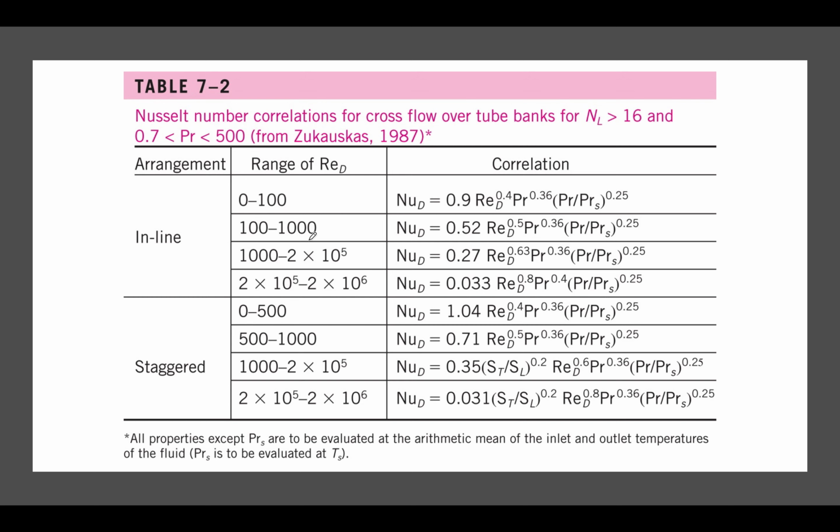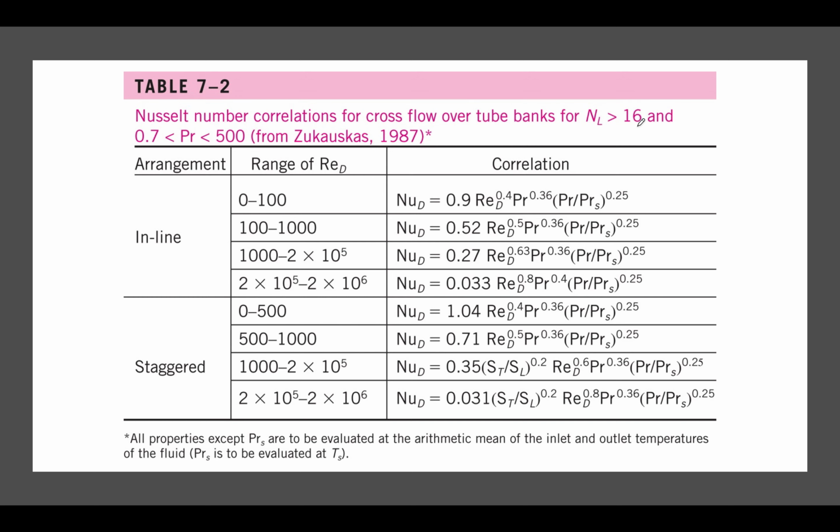Then, let's say your Reynolds number is in the range of 100 to 1000, you will calculate using this equation to find the Nusselt number. This table is for the Nusselt number for number of tubes in a row greater than 16.